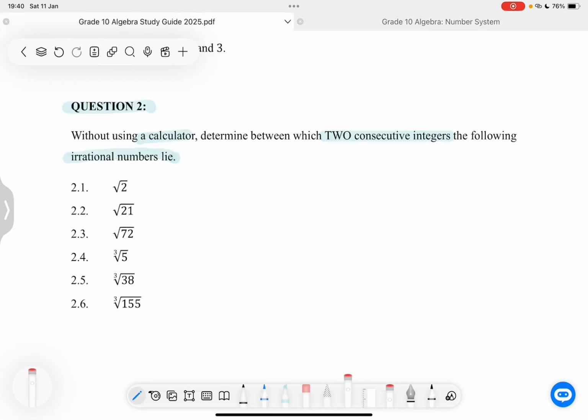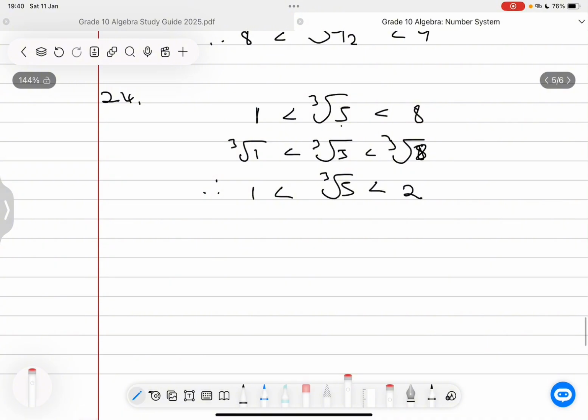And when we jump to question 2.5, they say the cubic root of 38. The perfect cube that is less than 38 will be 27, and the one that is bigger than 38 will be 64.